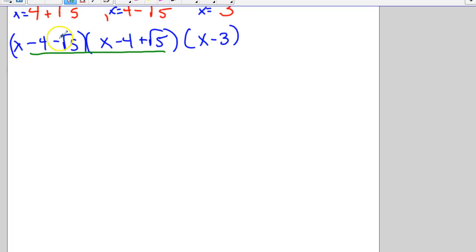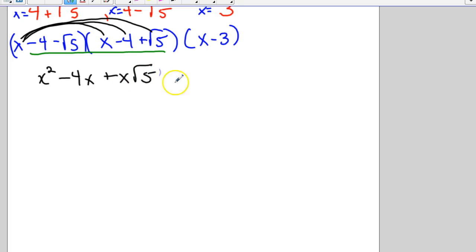So first things first, x times x gives me an x squared. And then I do x times a minus 4. And then I'm going to do x times rad 5. So that's x rad 5. Now I'm going to come through and multiply by this negative 4 term.